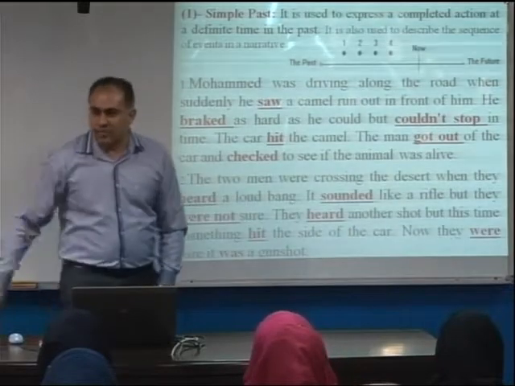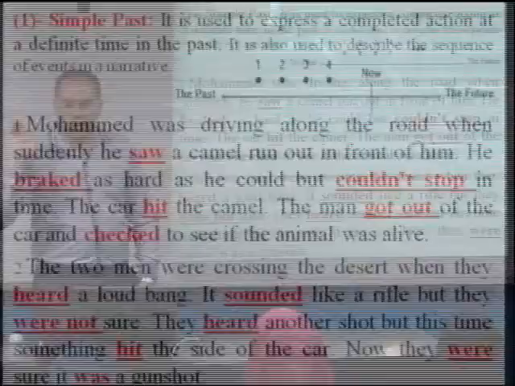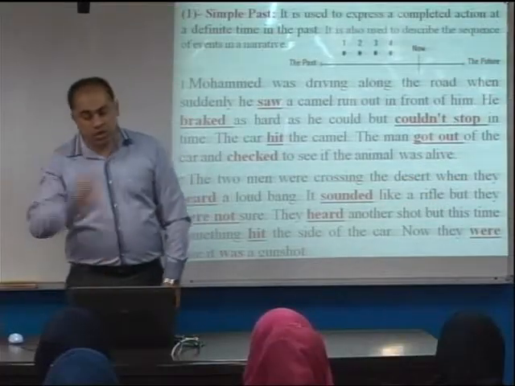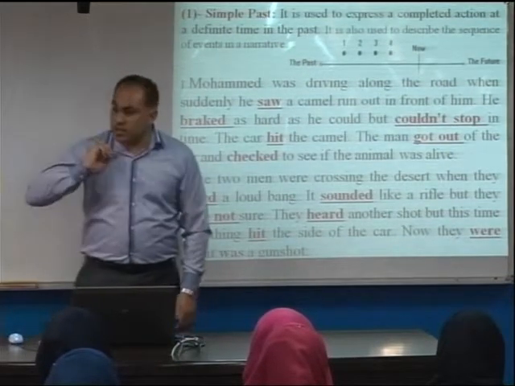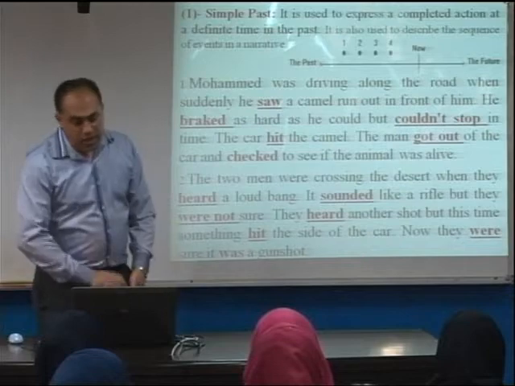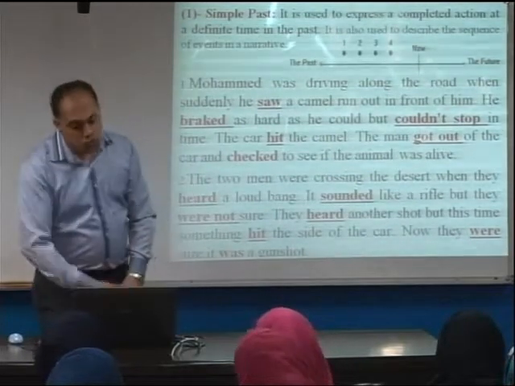This is another example. The 2 men were crossing the desert when they heard, not hear, heard a long bang. It sounded like a rifle, but they were not sure.